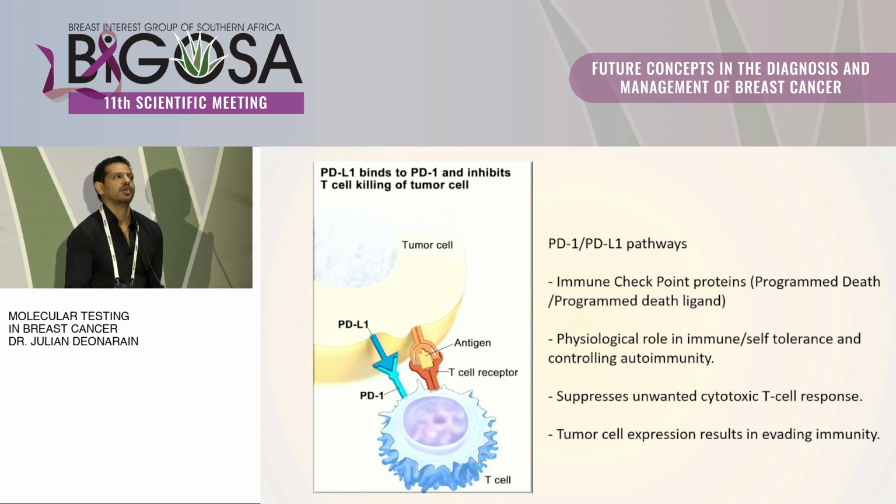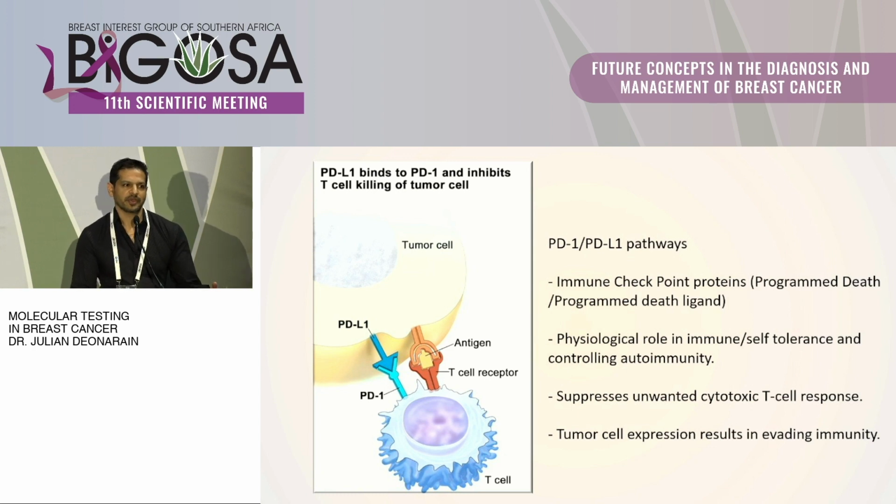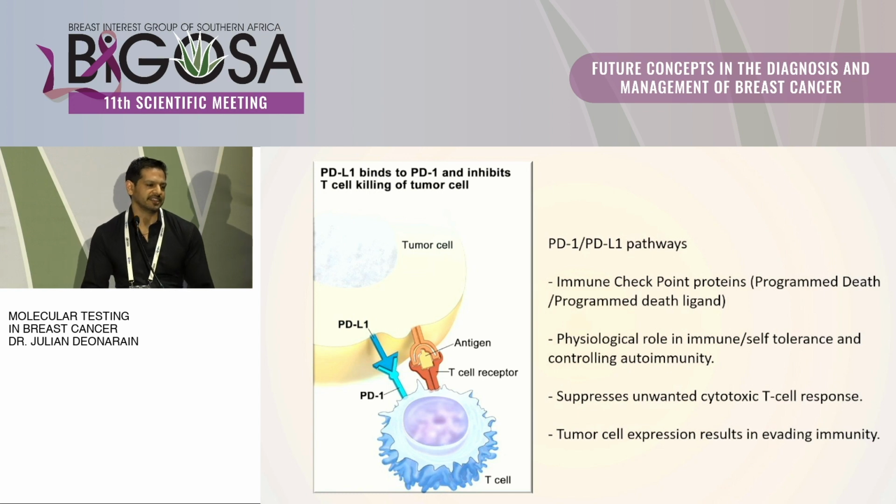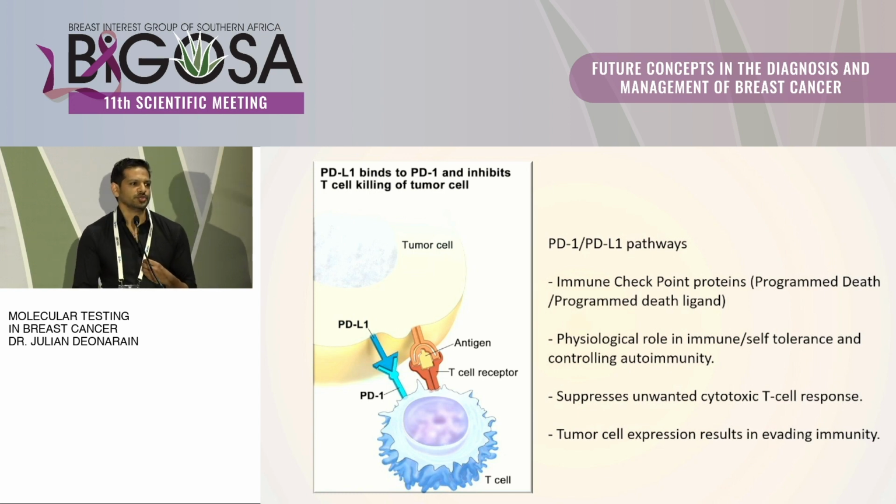Okay, so what were these two scientists describing? Basically, the PD-L1 pathway is a protective immune checkpoint pathway. It involves our own body's regulatory mechanism to not attack our own cells.